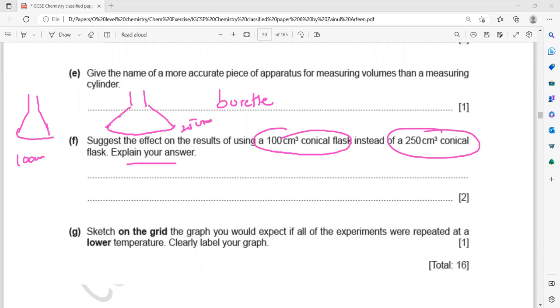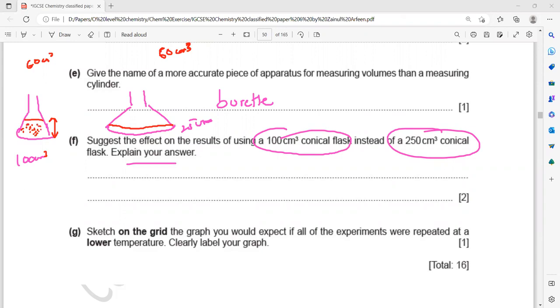In the beginning, the total volume of the mixture of sodium thiosulfate, hydrochloric acid, and water was 60 cm cube. When we use a 100 cm cube conical flask, that 60 cm cube will have a greater depth of solution. But when the same 60 cm cube is added to a 250 cm cube conical flask, it will have a smaller depth.